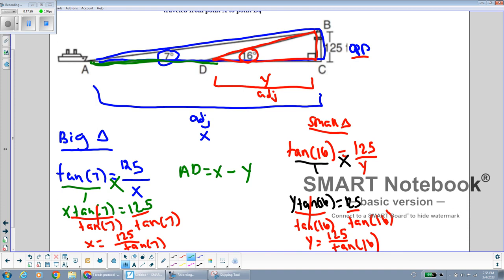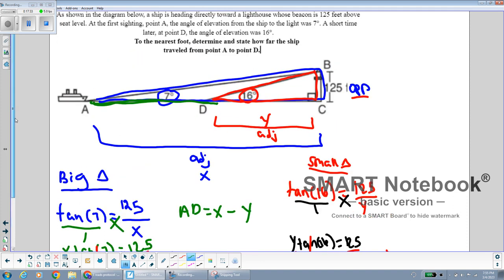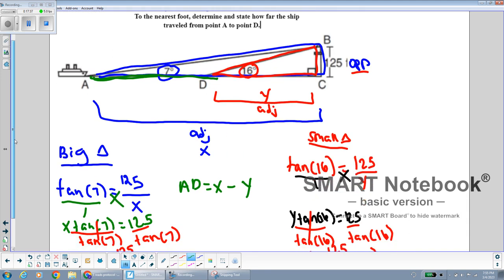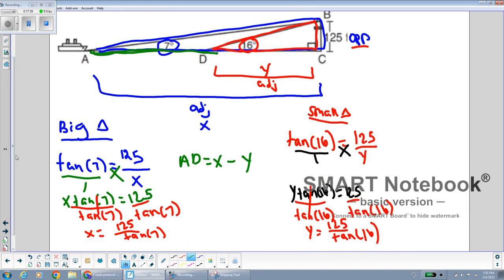And I'm going to hit enter on my calculator, and it does say to round to the nearest foot. That's whole foot. So to the nearest foot, when I subtract x minus y, I got that AD is approximately 582 feet. I'm going to put that over here, approximately 582 feet.